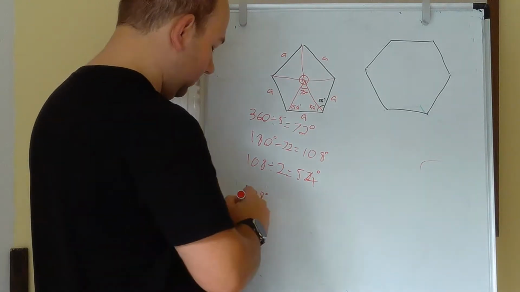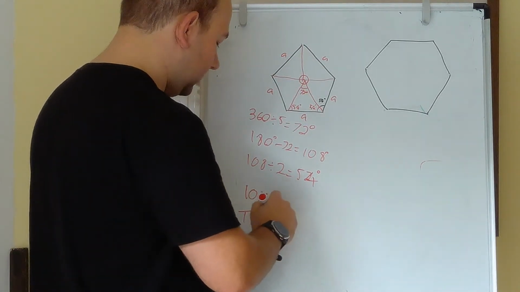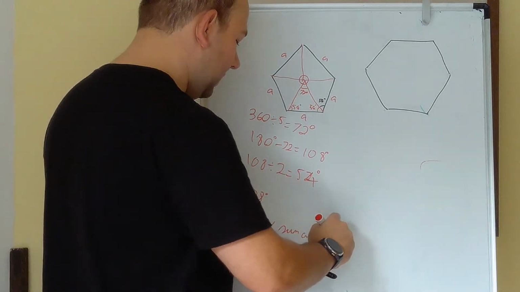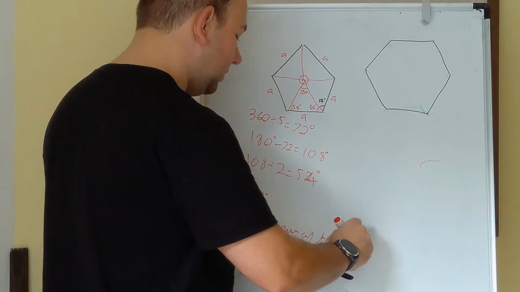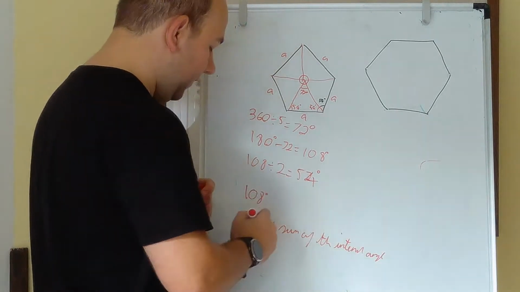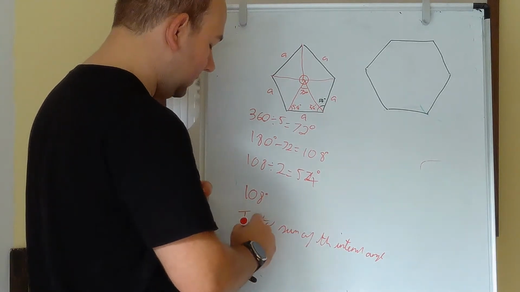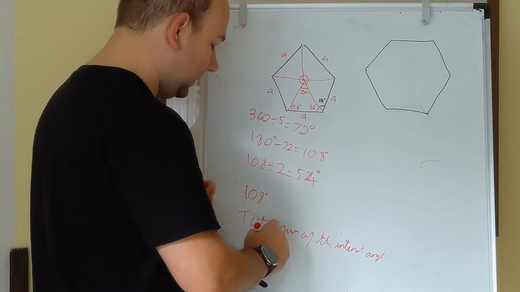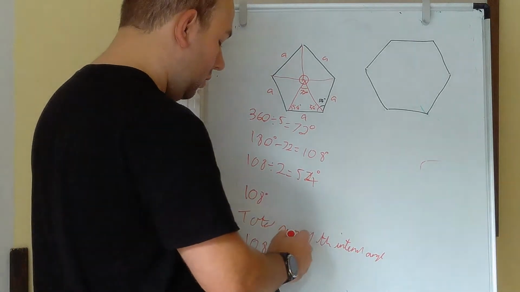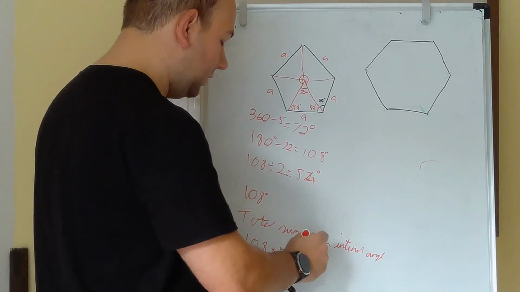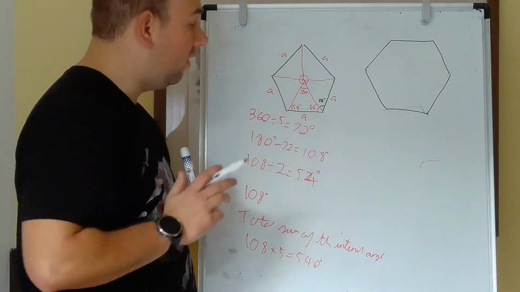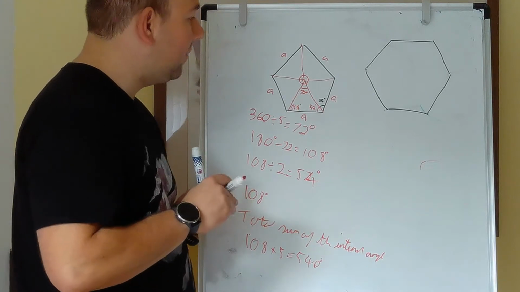So the total sum of the internal angles is 108 times 5, which is the same as 54 times 10, which is 540 degrees. So that's the sum of the internal angles of a pentagon. That's one of the properties of a pentagon.